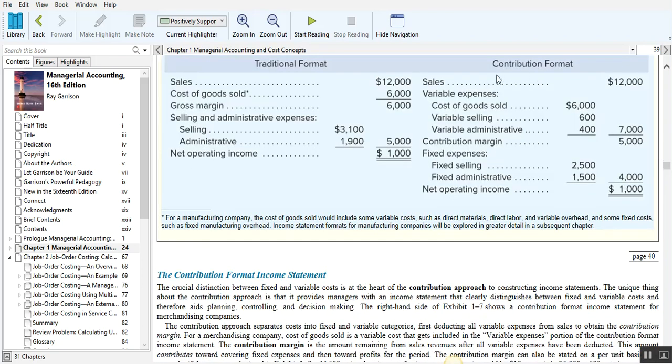Okay, I want to mention something here with this contribution format. When I worked at Blue Cross, we were very interested in this information. And the reason we were interested, and a lot of hospitals were as well when we did Medicare audits, is because technically, if you are filing the Medicare cost report that we used to audit when I was an auditor for Blue Cross, you were allowed.